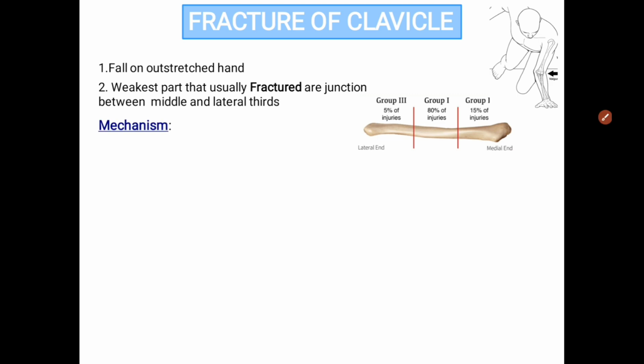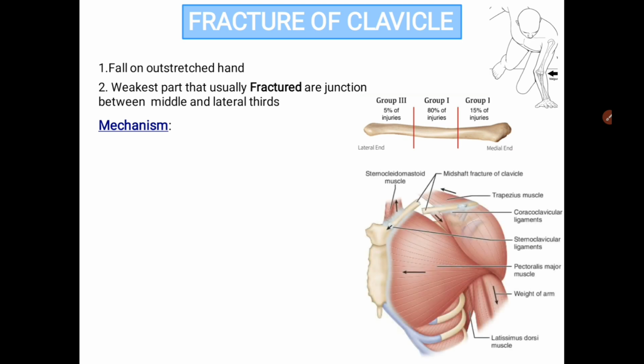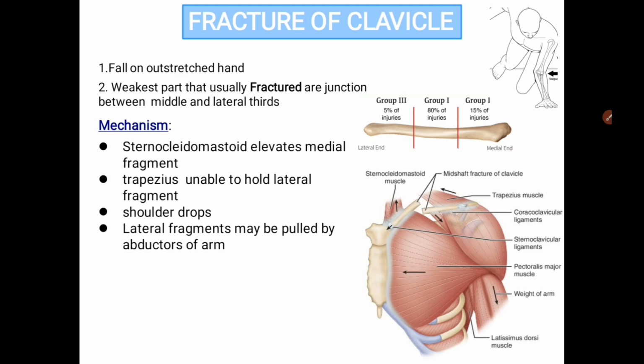Let me discuss the mechanism: how a fracture of clavicle occurs, and the role of muscles and ligaments in fracture of clavicle. When the clavicle is fractured, the sternocleidomastoid muscle elevates the medial aspect of the bone.